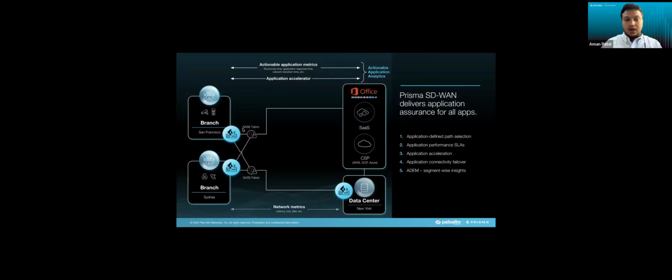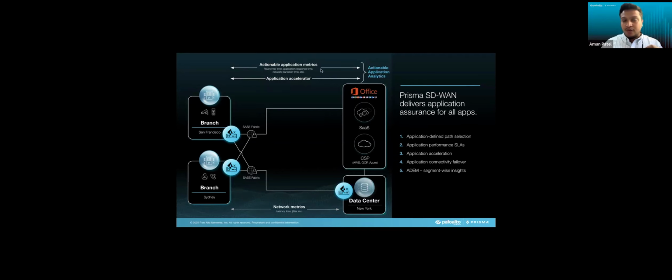If you have two connectivity at your branch location, suppose two ISPs, from one ISP reaching any of the SaaS applications the latency is high, and from the second link the latency is low, but you identify that the application response time is also low from link one, right?